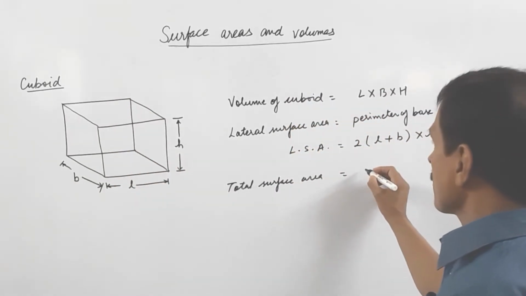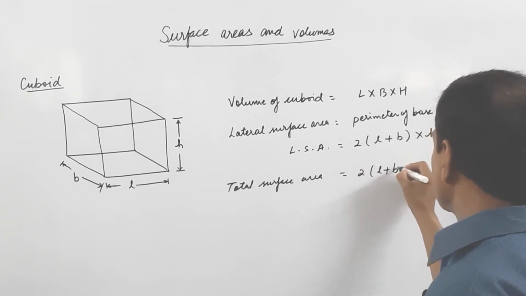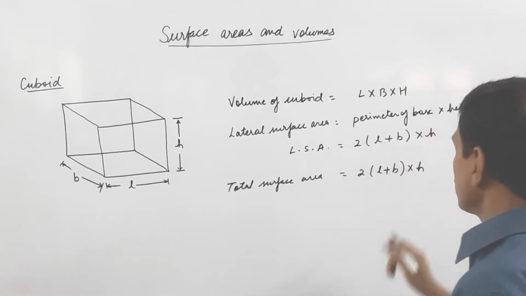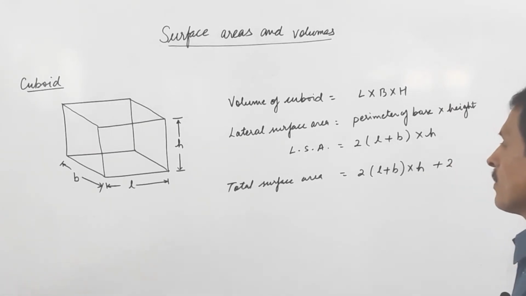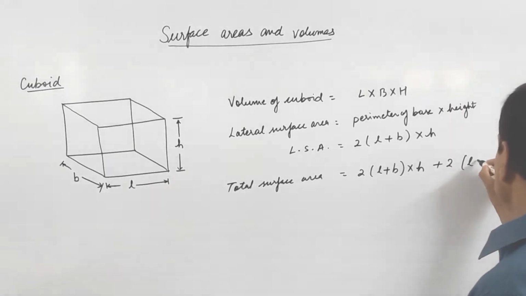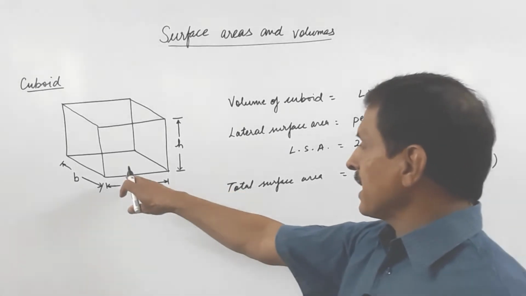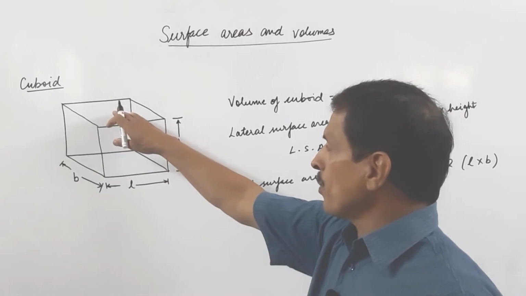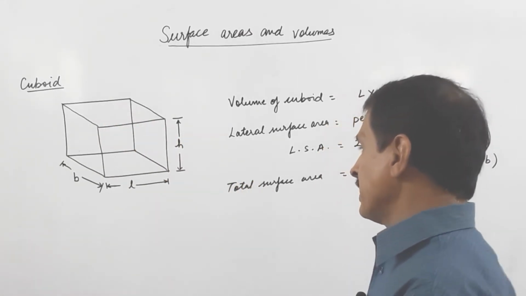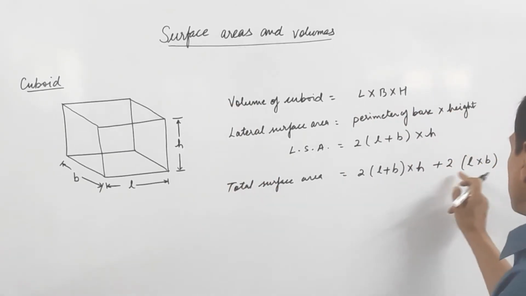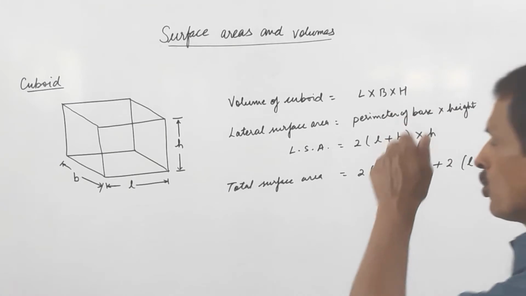So that is twice of L plus B into H plus twice of length into breadth. Because the base is a rectangle and the top is also a rectangle, area of rectangle is equal to length into breadth. So there are two surfaces, so twice of L into B. This is total surface area of the cuboid.